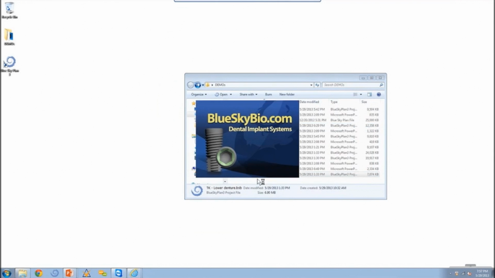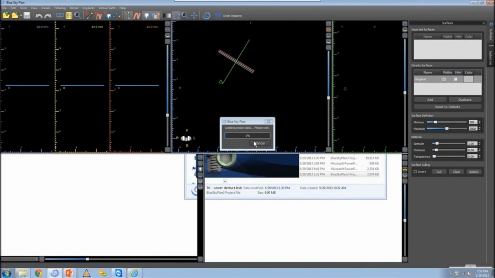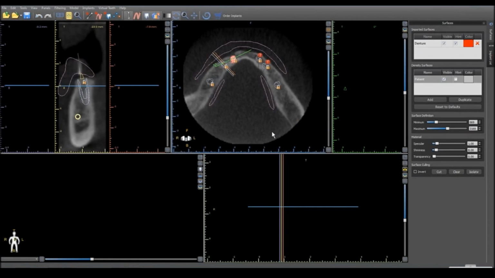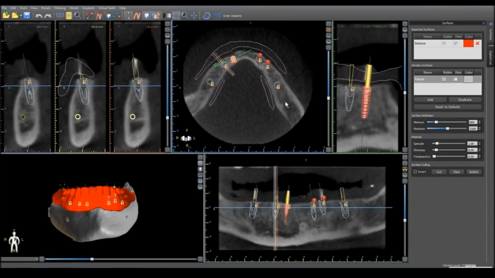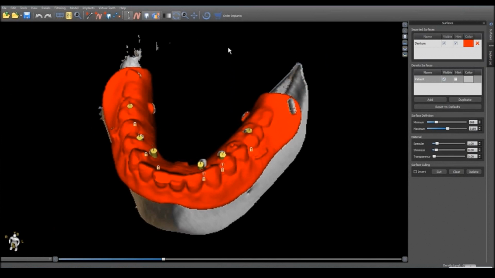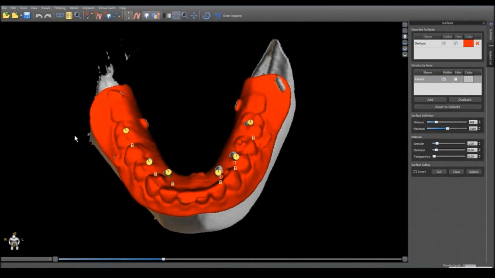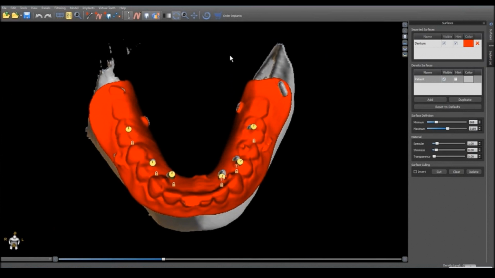The final case I'll show you is using a denture. It's the traditional dual scan method, which we do. If you have a denture that fits nicely, then we can do the dual scan method and make a guide based upon the denture.